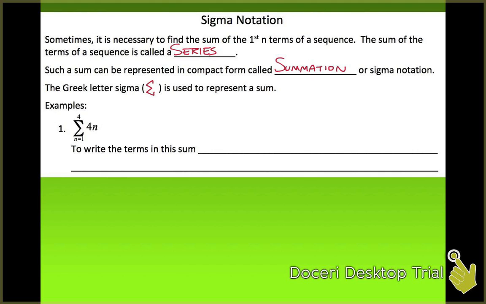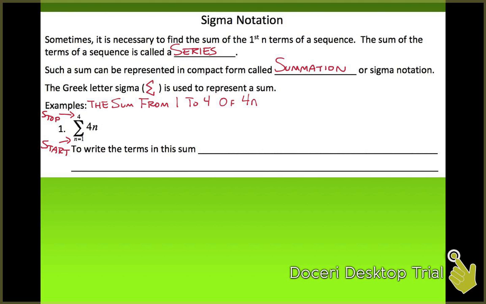So if you were to read this summation right here, that would read the sum from 1 to 4 of 4n. So that bottom number down here is where you're starting, and this top number up here is where you're stopping.